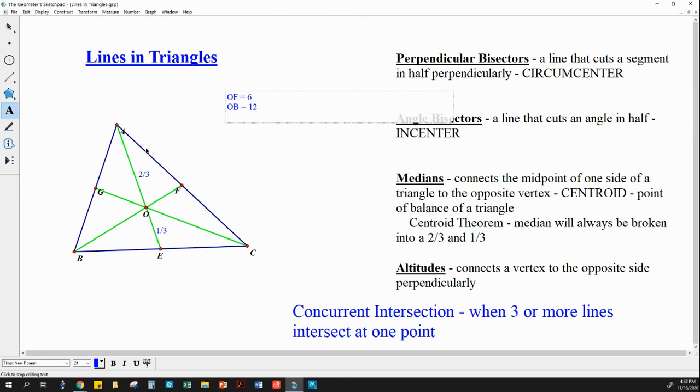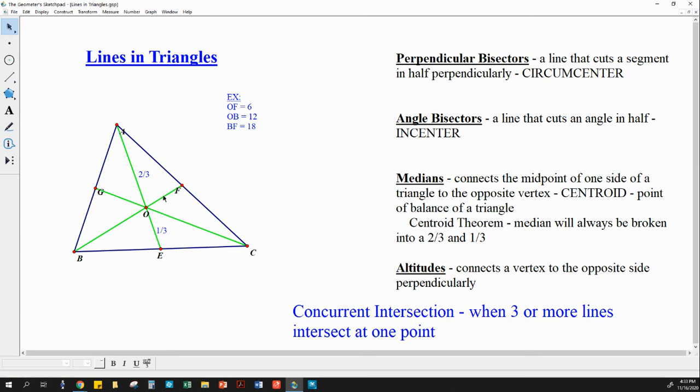And the entire thing, BF, would have to equal all 3/3, which would be 18. It's just an example type problem. So make sure you get some practice in on that.